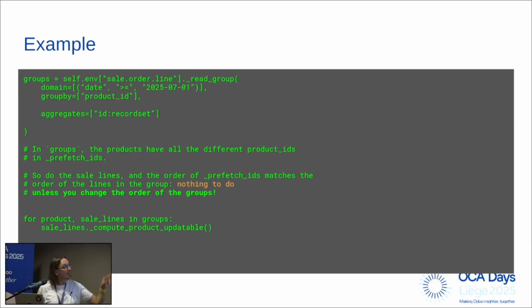However, if I change the order of the groups, I'm out of luck, because the prefetch is not going to happen in the correct order, and that's one case where you want to use with_prefetch and reuse the same order. So for instance, if you are after that processing the groups by the number of sale IDs, you get an issue in there.